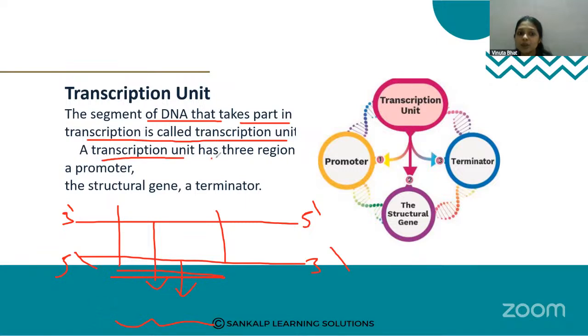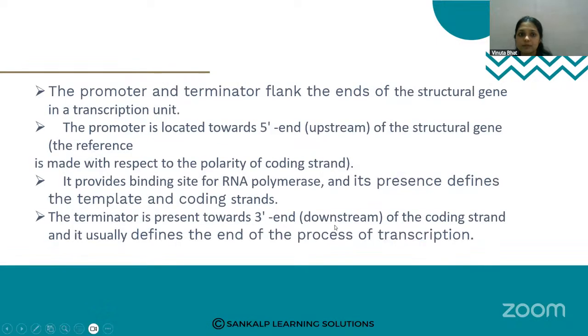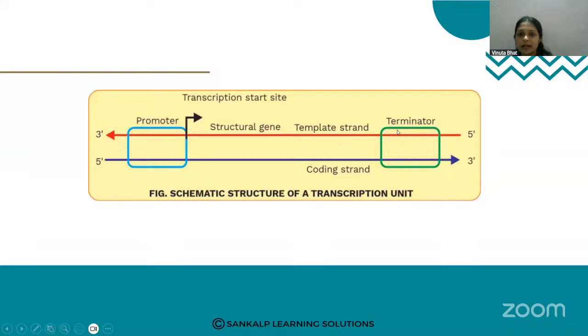A transcription unit has 3 regions: the promoter, the structural gene and the terminator. Here I will show. This is the promoter, this is the terminator, and this is the structural gene. The genetic information in this region is converted into mRNA, so that is called the structural gene.